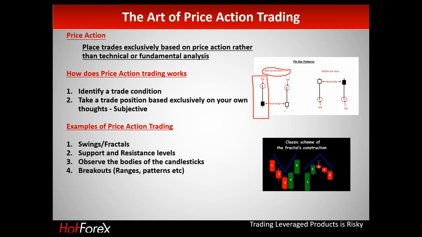Actually, even if the body is bullish or bearish, as long as the tail is above and is like 3 times longer than the body, then this is a bearish bar. Why, guys?